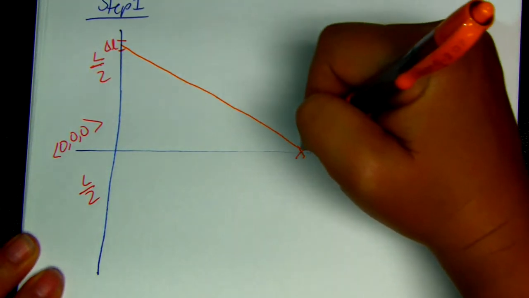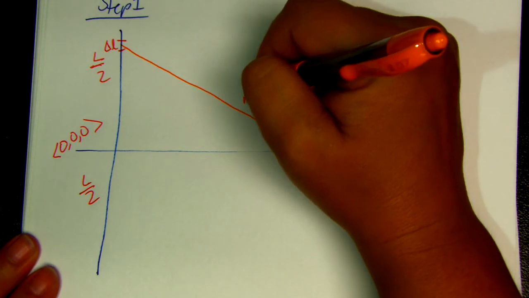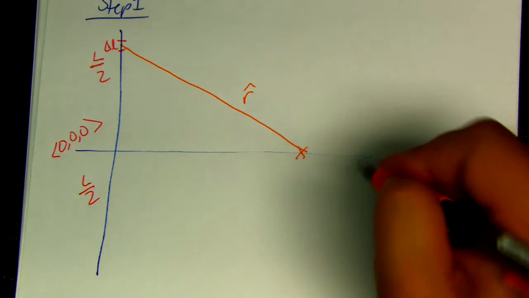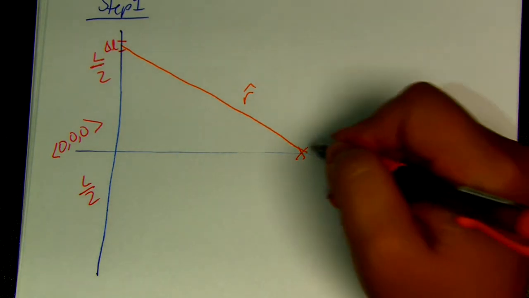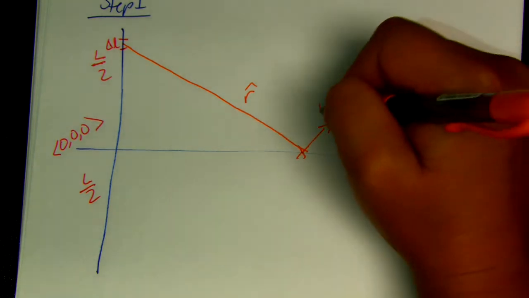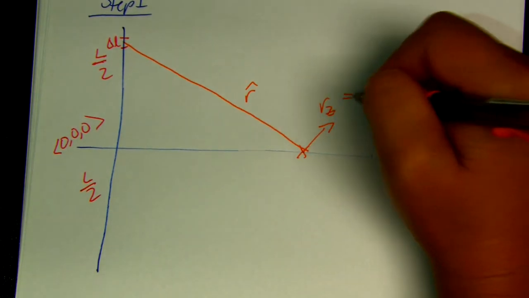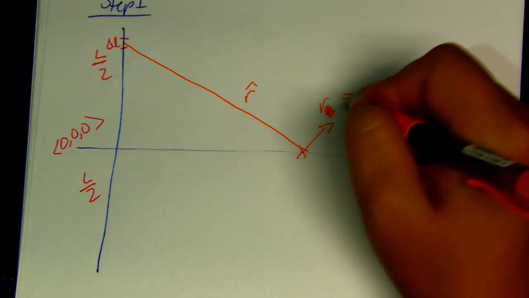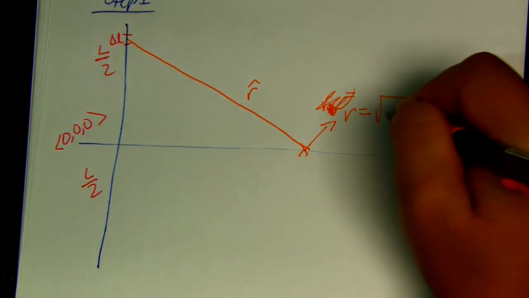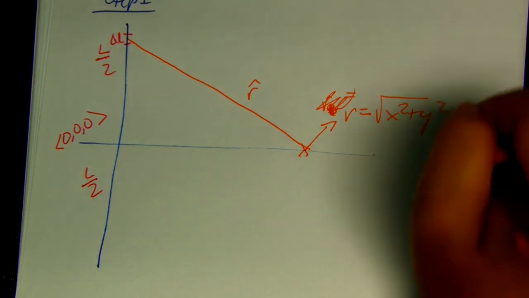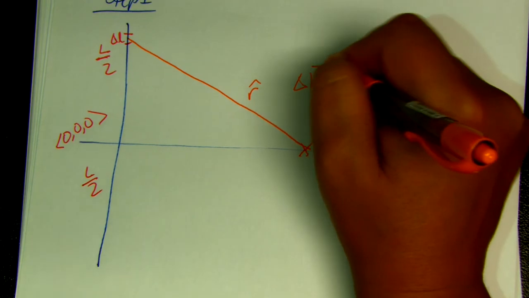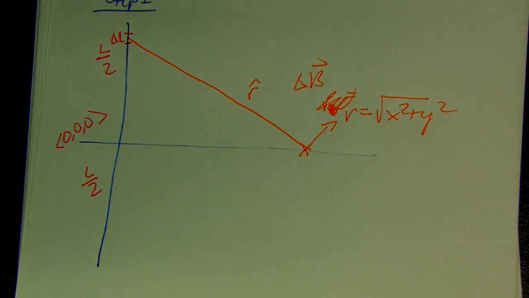So this is our R vector, or this is R hat. And remember, the magnetic field is perpendicular. So we would have our Z, or R is equal to x squared plus y squared. So this is our delta B contribution.